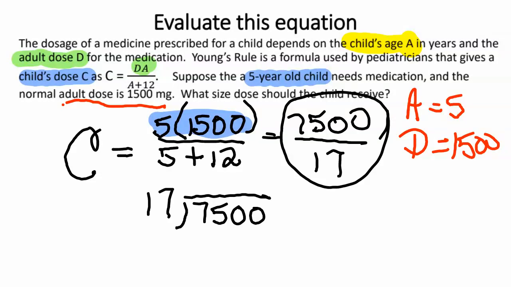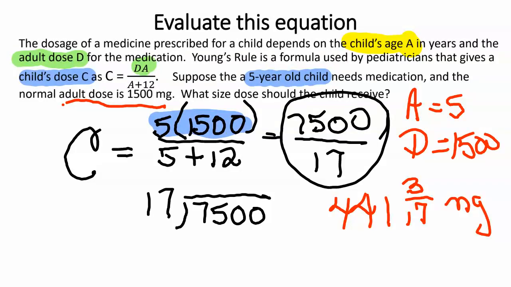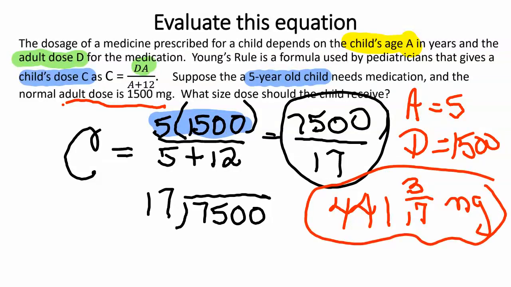This mixed number is 41 with a remainder of 3/17, okay? And in this case, milligrams.